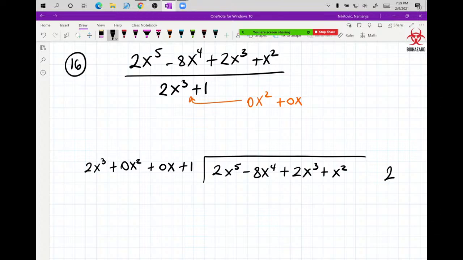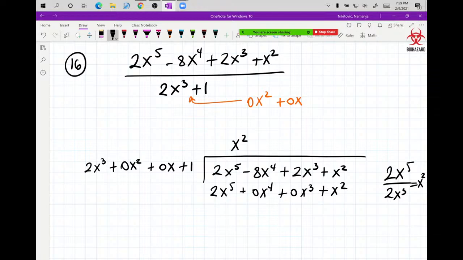All right. 2x to the 5 divided by 2x cubed is just simply x squared. Multiply back in all four: 2x to the 5 plus 0x to the 4 plus 0x cubed plus x squared.